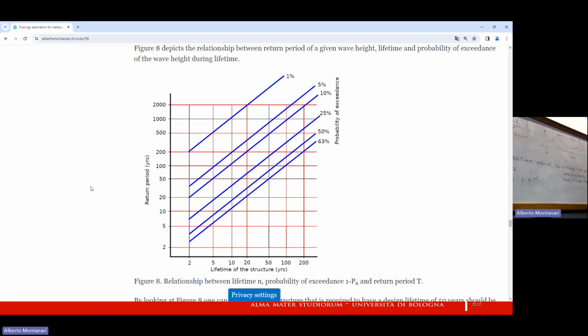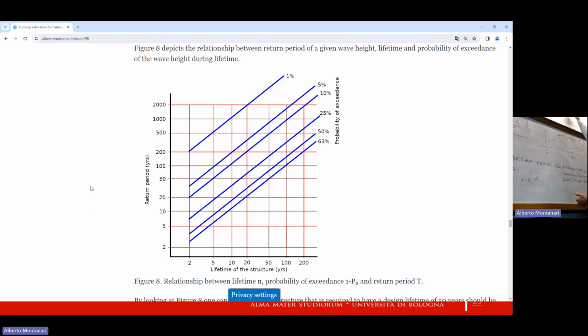So the lifetime of the structure is what I expect for the lifetime of the structure, and the return period is on the vertical axis. So my question is, if I have a lifetime of the structure of 50 years, and I take a design wave of 100 years, in 50 years, what is the probability of reaching the design wave? Okay, so I get 50. I go to 100 years, and I see the probability is a little bit below 50%.